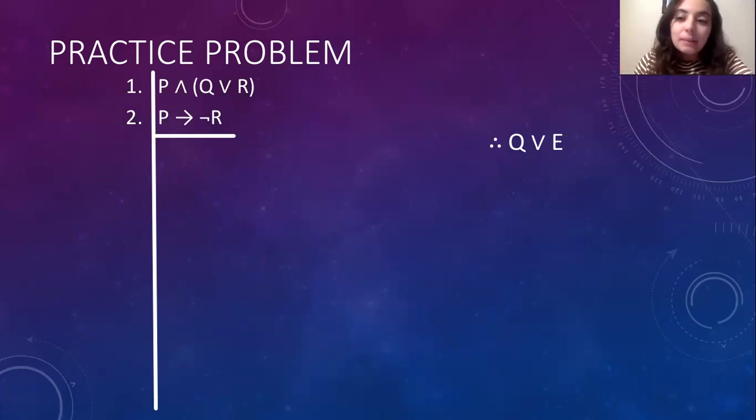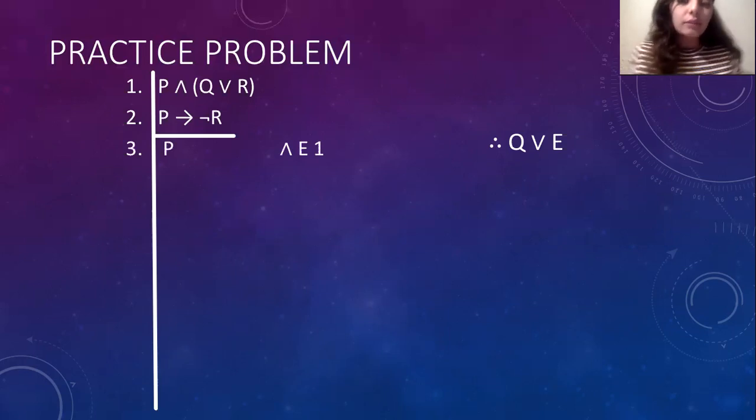Well, yes, but I can't start it right away. And why is that? Because my main connective within that disjunction is a conjunction. So I need to break out the conjunction in order to get to the disjunction first. So great, I've got something to break apart. So let's do that. I've got P from conjunction elimination from line 1.